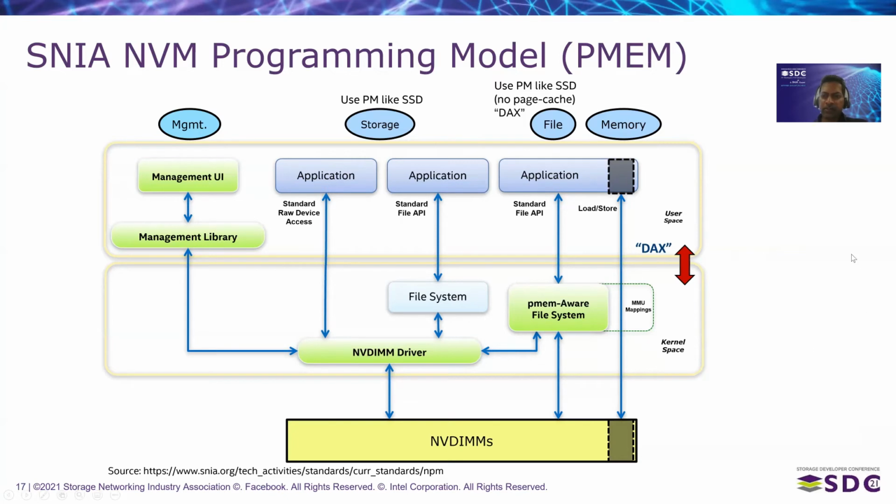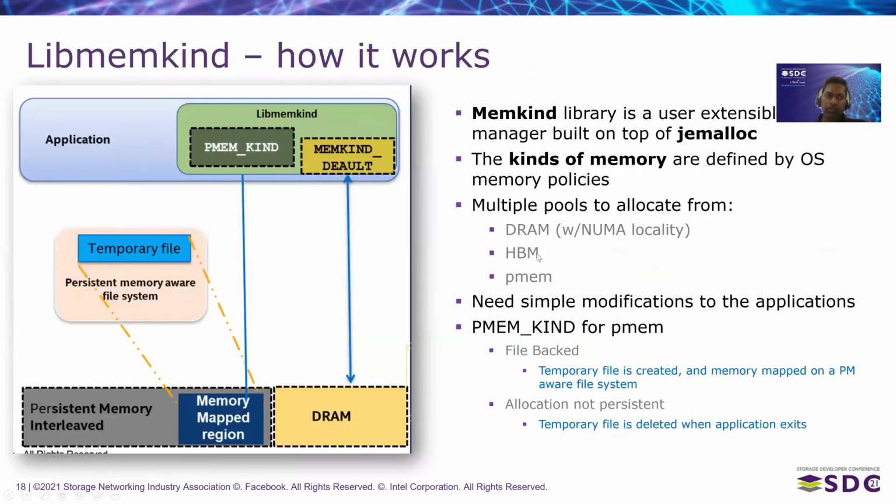Let's take a look at how we can actually use the load store API for the NVDIMMs using the Memkind library. Memkind is the library that is open source. It's the user space heap manager that you can actually use, which is extensible, that essentially takes advantage of the jemalloc hooks.